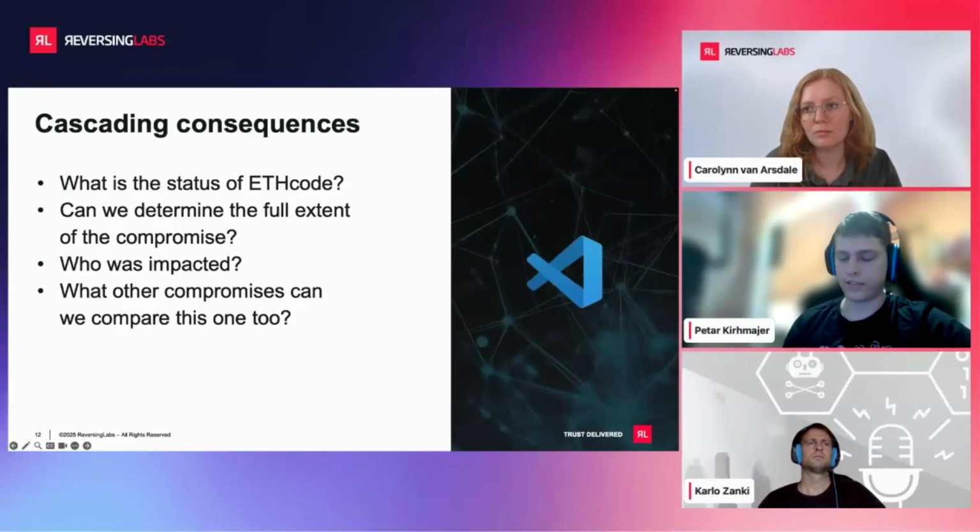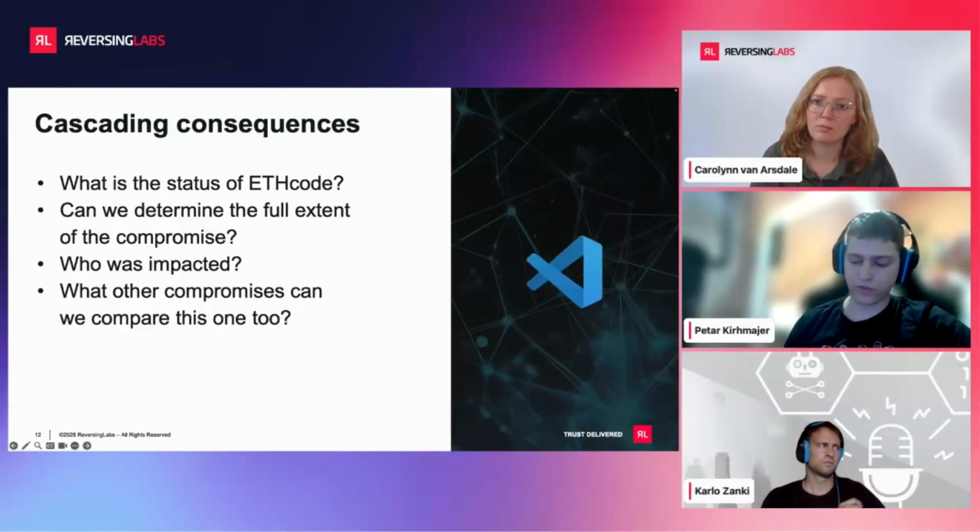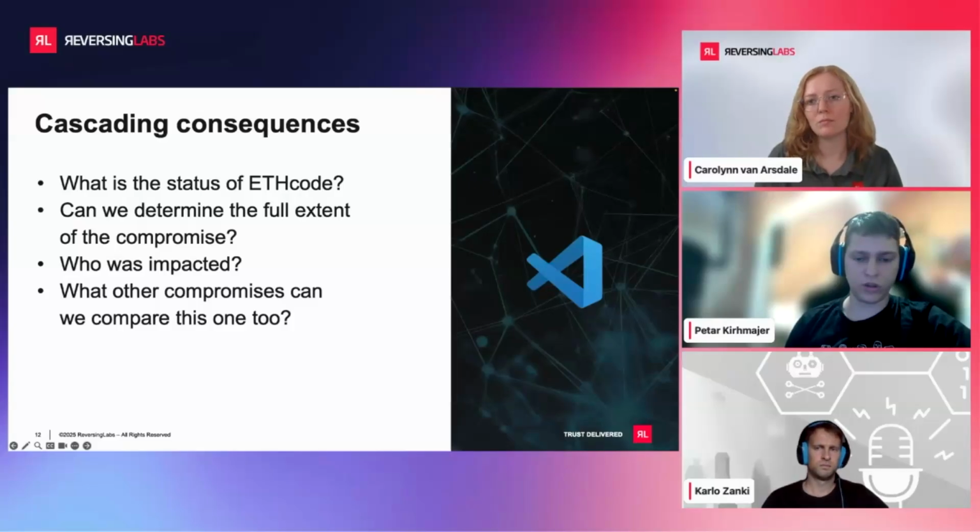Well, currently the extension is up, but let's talk about it a little bit more chronologically. When we first found out about this compromise, we contacted the VS Code Marketplace admins, and they took the whole extension down.